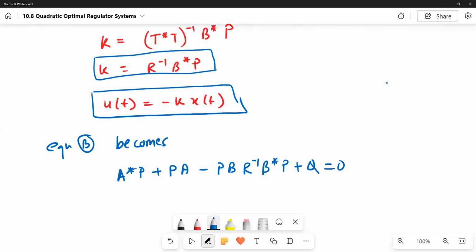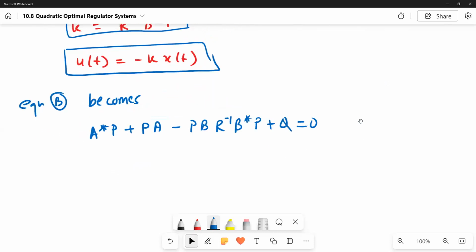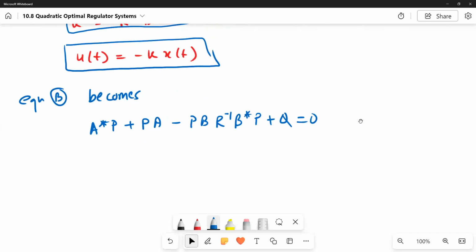Why will equation B be required? There is a name for this one as well: this is also known as the reduced matrix Riccati equation.